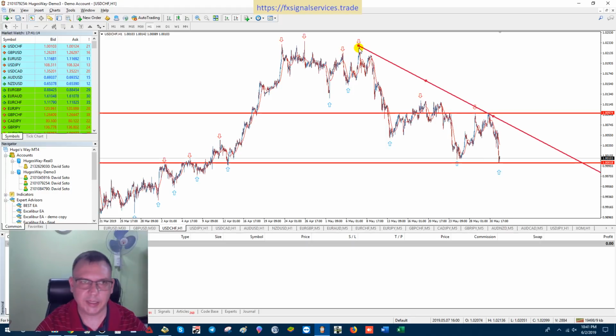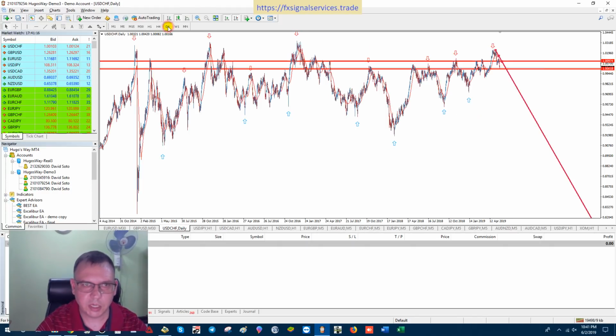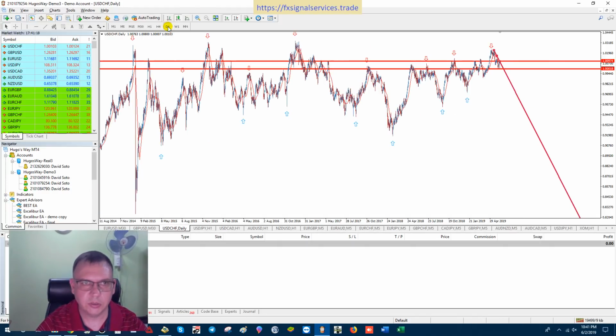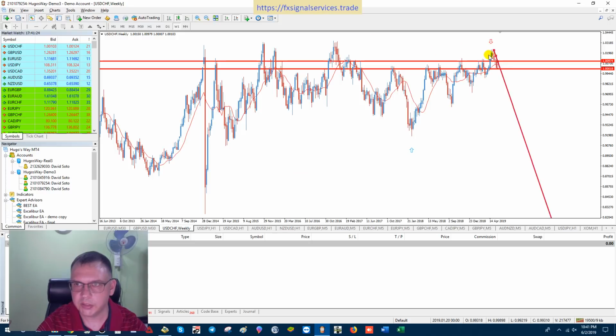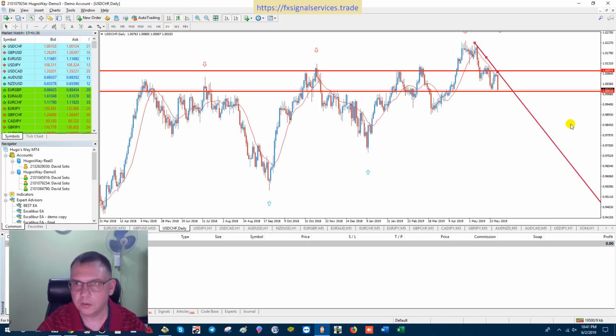Considering the fact that the US dollar is going into a downtrend, if we look at the daily, even weekly, it is showing that it wants to go down. We have a strong sell signal. So I'm thinking that this is going to come up, touch this trend line, and go down even further.